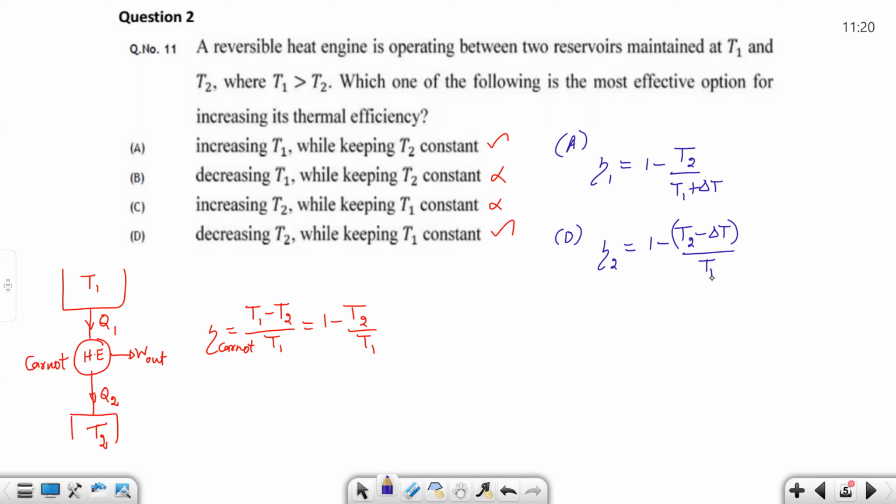Now you try to calculate efficiency 1 minus efficiency 2. Let's see what you get. So the 1 and 1 will get cancelled. So you get (T2 minus delta T) by T1 minus T2 by (T1 plus delta T).